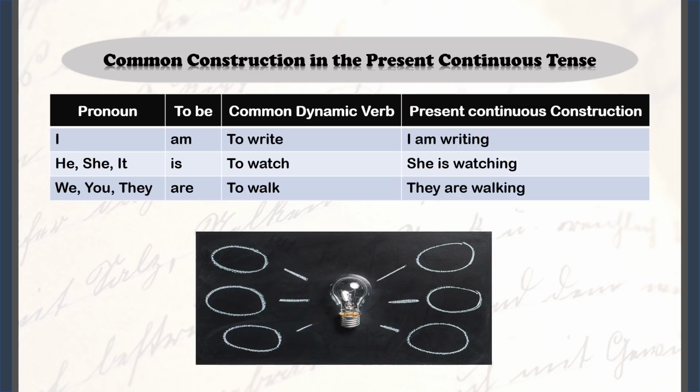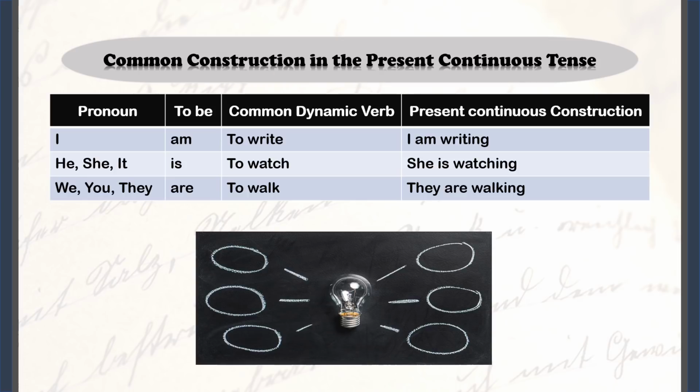With pronouns he, she, it, the to be verb is, common dynamic verb taken as to watch. Present continuous construction will be she is watching, or he is watching, or it is watching.